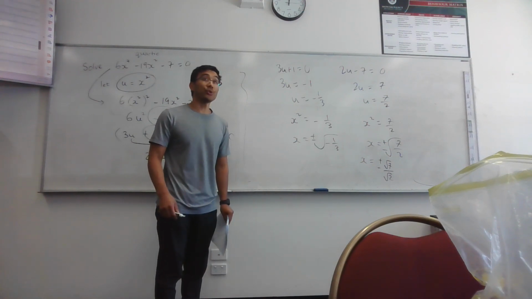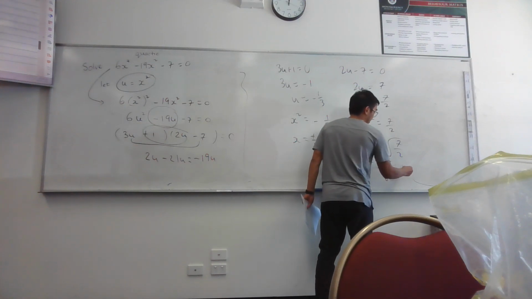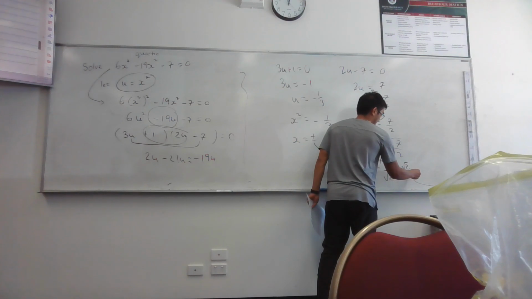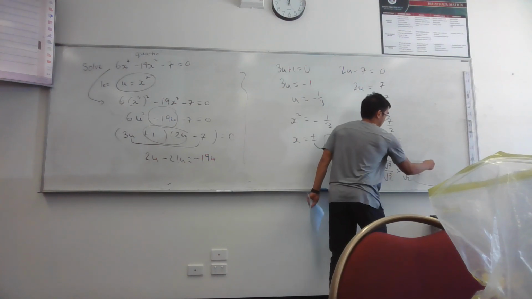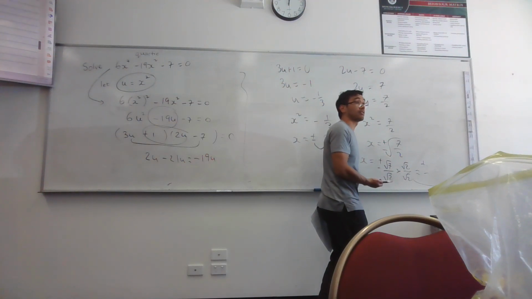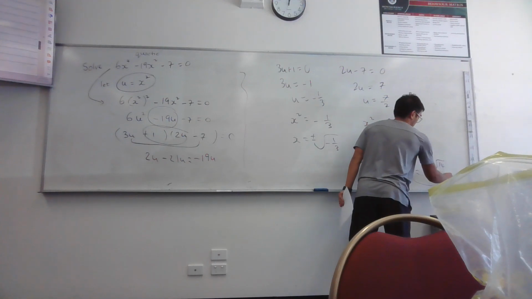They might ask you to rationalize. What do we times by? Root 2 and root 2. What's root 7 times root 2? Root 14. You just multiply on 2.